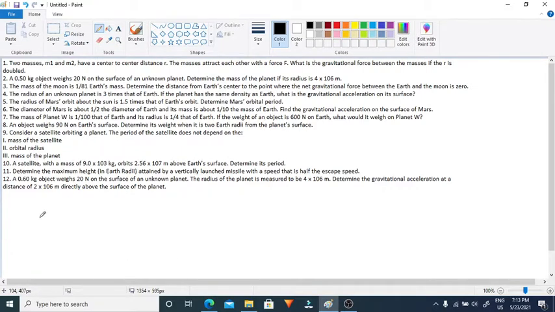We know Fg is equal to m1g, which is equal to G m1 m2 over r squared, and in this case I'll just say the mass of the Earth. So these m1s will cancel, and so we have g of the Earth is equal to G M_E over r squared.